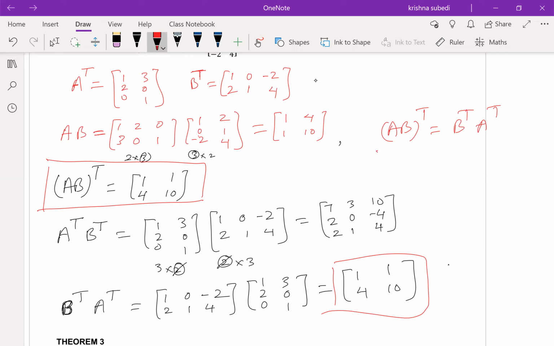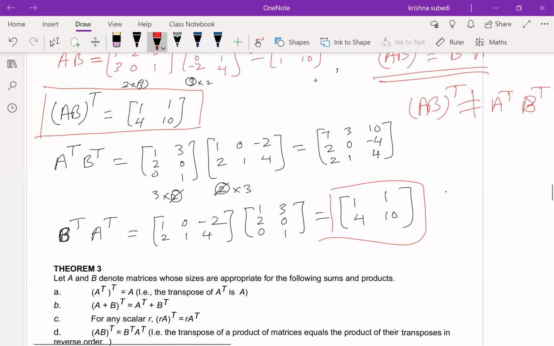That's one of the important relations that you need to remember. AB transpose is not equal to A transpose B transpose. When we transpose, you see the order reverses: B transpose, A transpose.